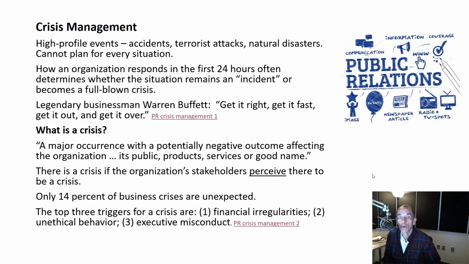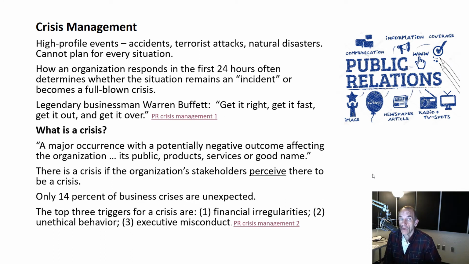All right, and we will continue now and talk about the question, what is a crisis? And so what are we defining to be a crisis? It is a major occurrence with a potentially negative outcome affecting the organization, and also its public or publics, products, services, or good name.